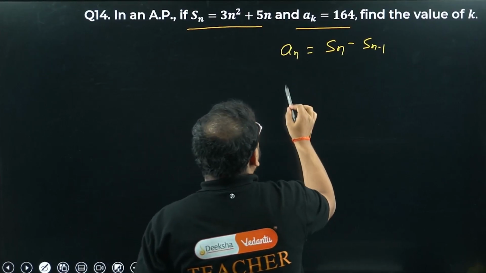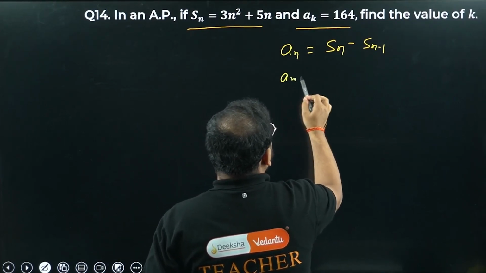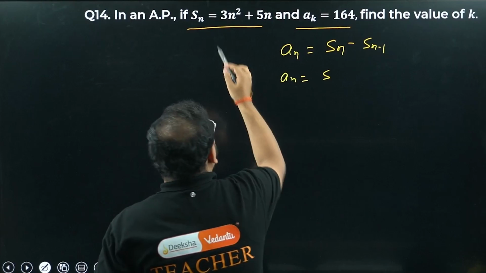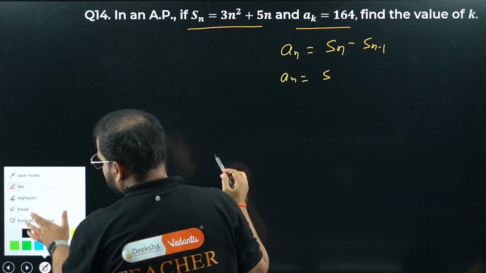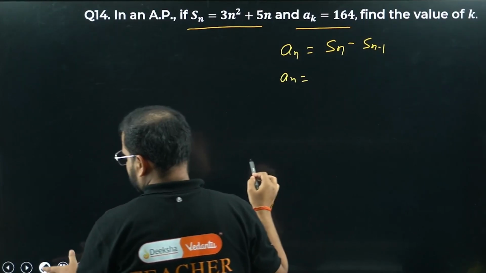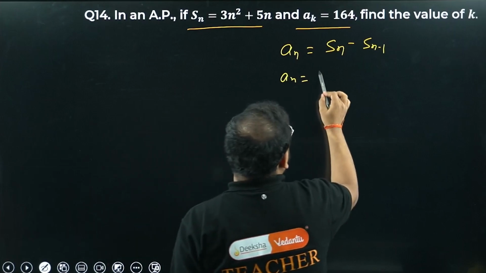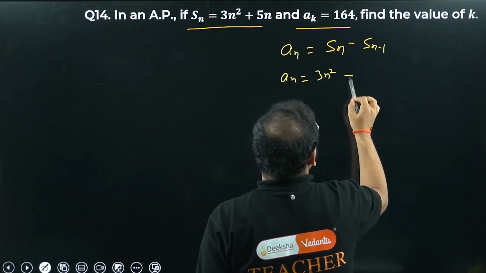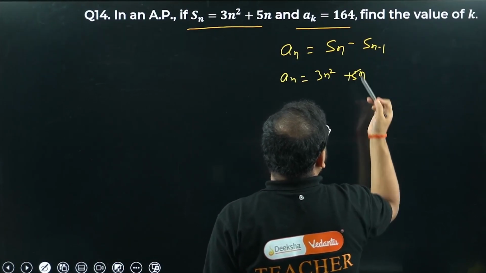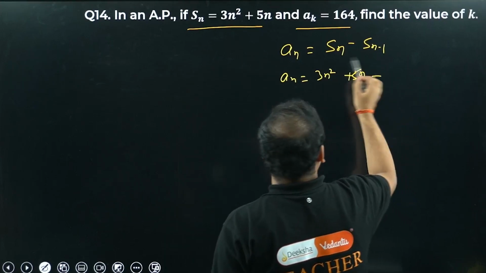So if you check here, I can write An as Sn minus S of n minus 1. What is Sn? Sn is given in this condition: 3n square plus 5n, minus, I have to replace n by n minus 1.